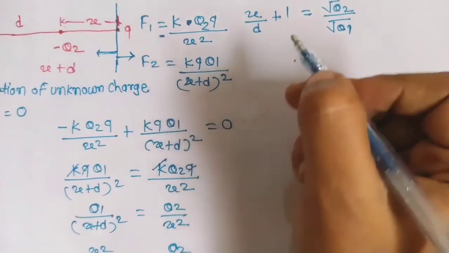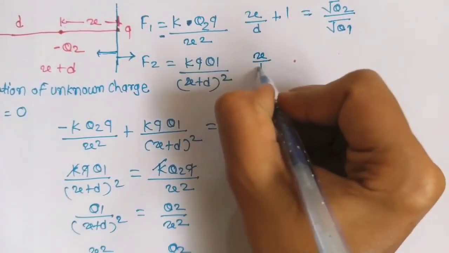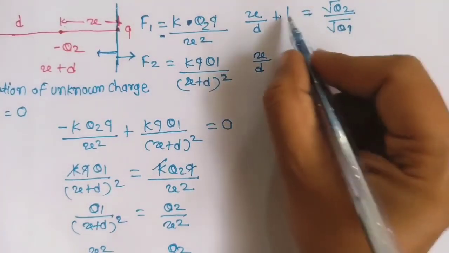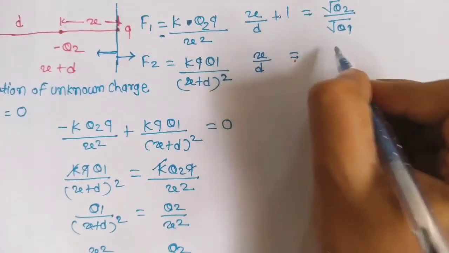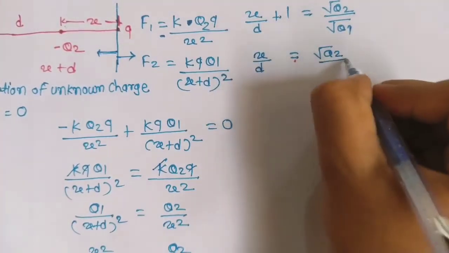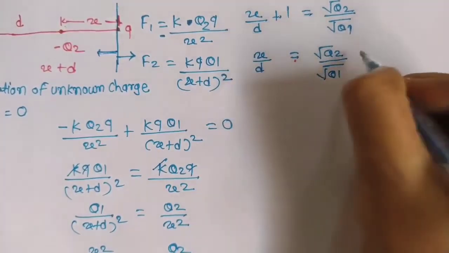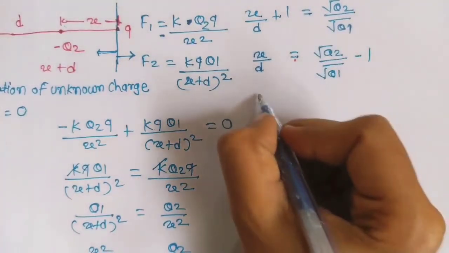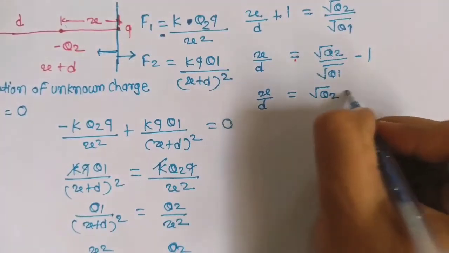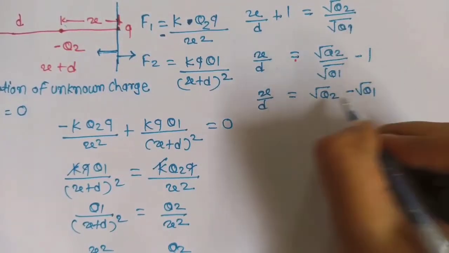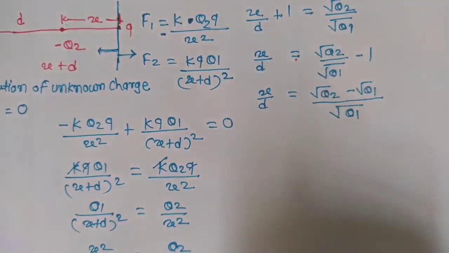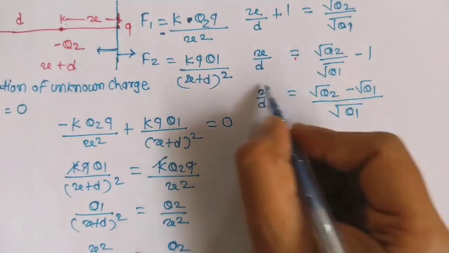That is x by d is equal to, we can write it as, this is plus, when it goes here it becomes minus, that is square root of Q2 upon square root of Q1 minus 1. So x by d is equal to square root of Q2 minus square root of Q1 upon square root of Q1. Okay, and we have to find the value of x.